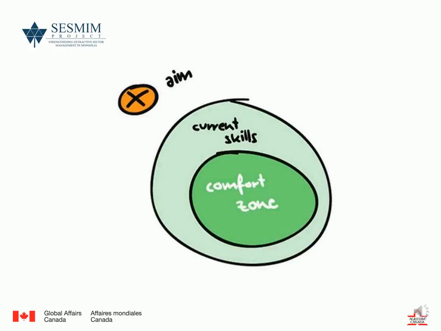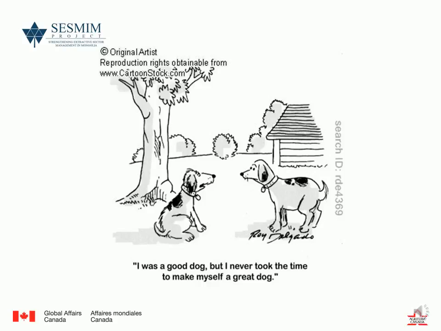If you want to improve, do something better, do a better job, produce a better product, you have to aim outside your comfort zone. You have to expand your horizon. If you don't, then one day you'll say to somebody, I'm a good dog, but I wish I had time to make myself a great dog.